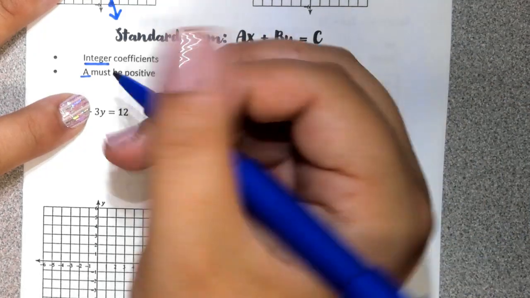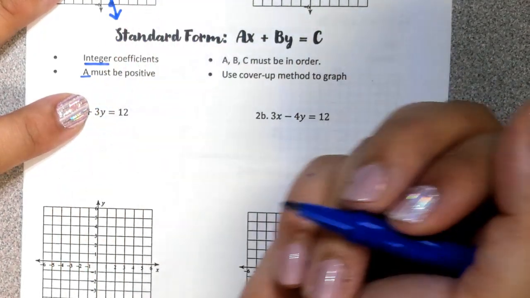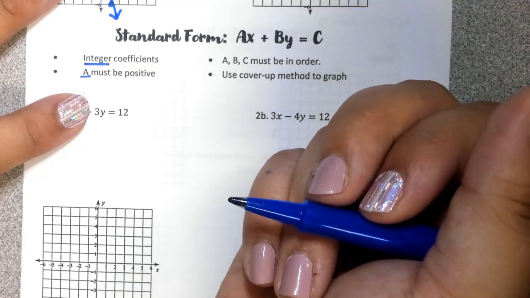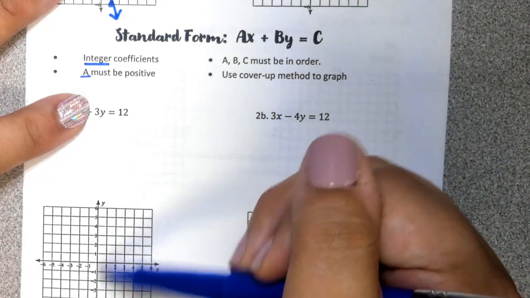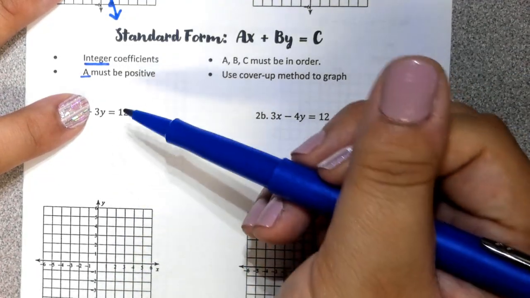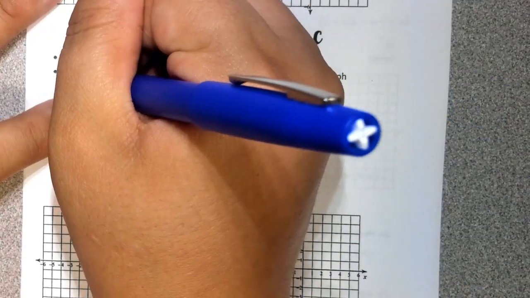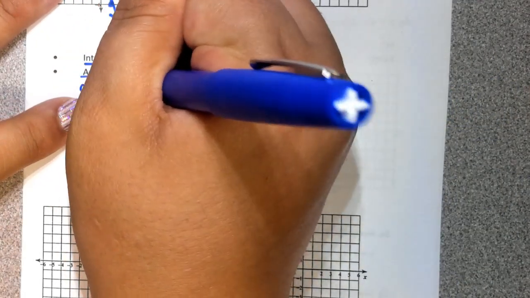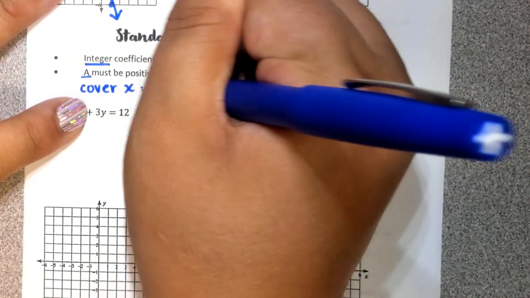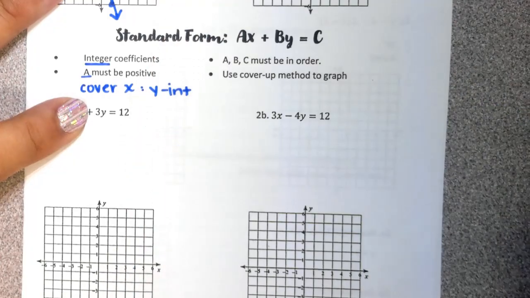If you have a point with a 0 in the x, what is that called? A y-intercept. So covering the x, write this down. If you cover x, that's going to give you the y-intercept.